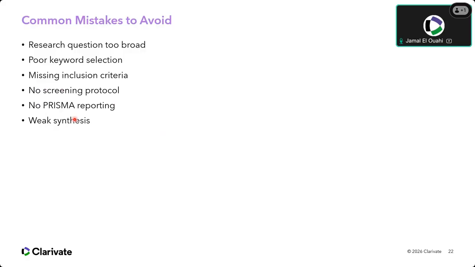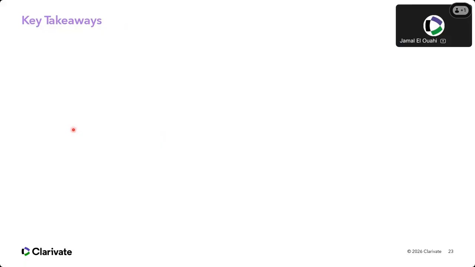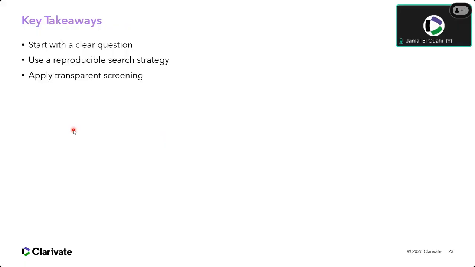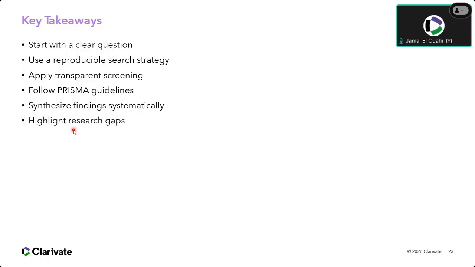And weak synthesis. You might get very good data, but your review, and that's when you write your manuscript, is weak, and that's a common mistake to avoid. So key takeaways: start with a clear question, use a reproducible search strategy, apply transparent screening, follow PRISMA guidelines, and synthesize your findings systematically.